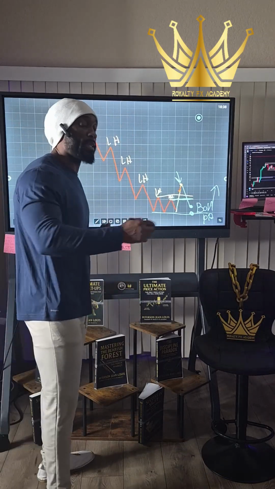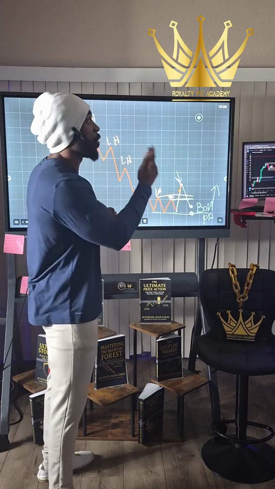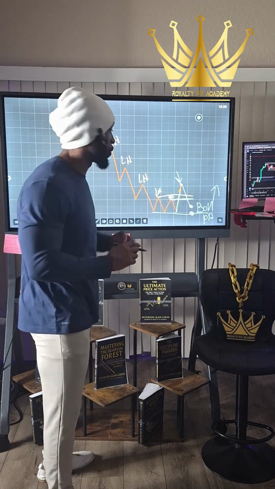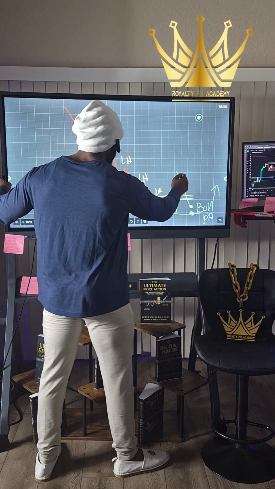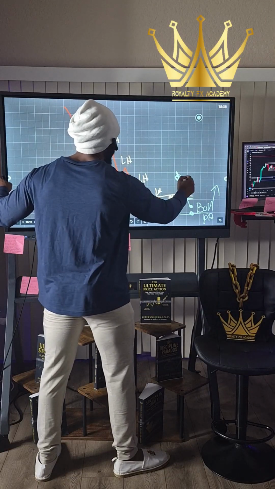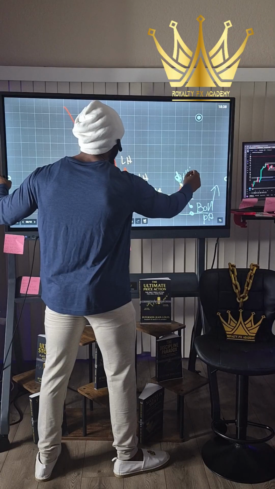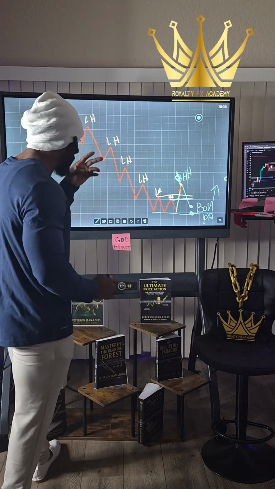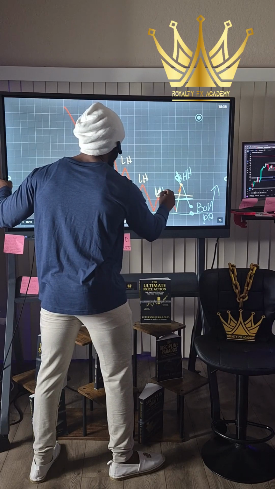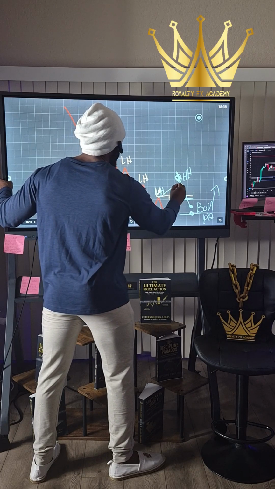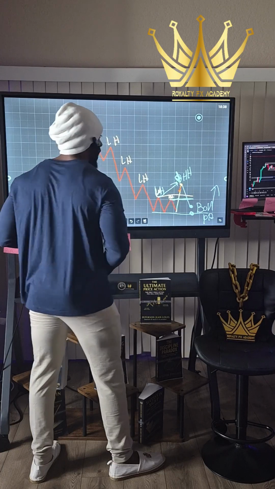To validate the continuation of the trend reversal. At this point, right here, this one is considered a higher high. Why? It's very simple. Because the market broke the previous lower high to give you a higher high.